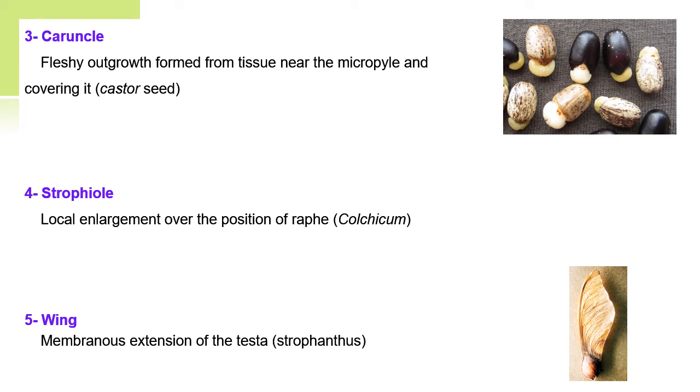The strophiole, which is a local enlargement over the raphe, an outgrowth from the raphe, as in colchicum. Wing, which is a membranous extension of the testa, any part of the testa, in the form of a wing, as in strophanthus.